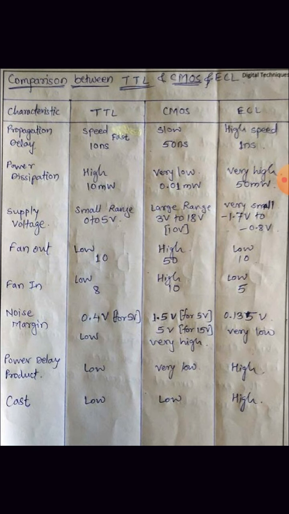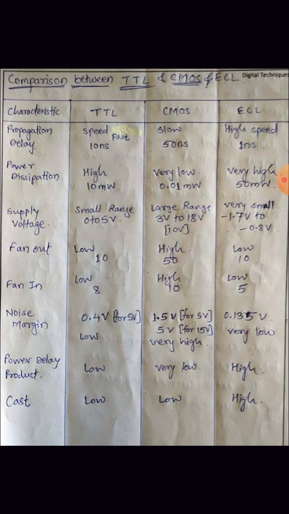It is the last part, that is comparison between TTL, CMOS and ECL. Yes, all of you go through this comparison. First column is characteristic. Second, TTL family.